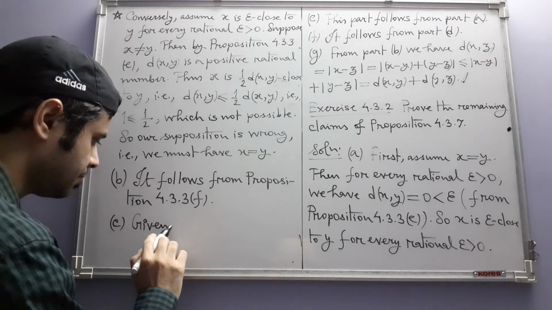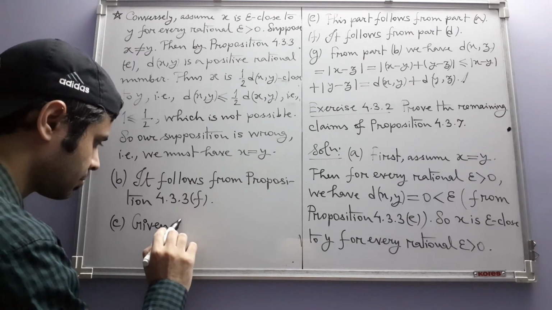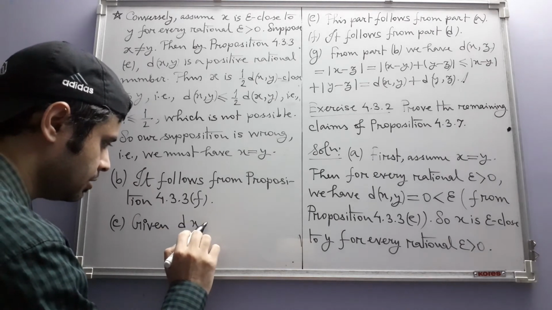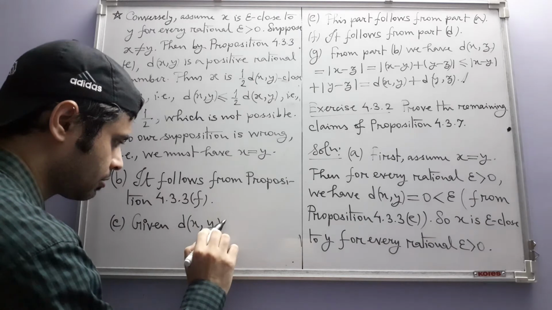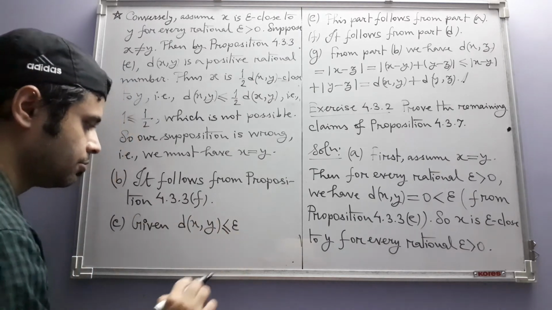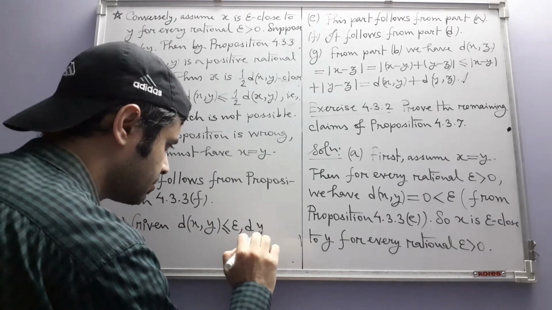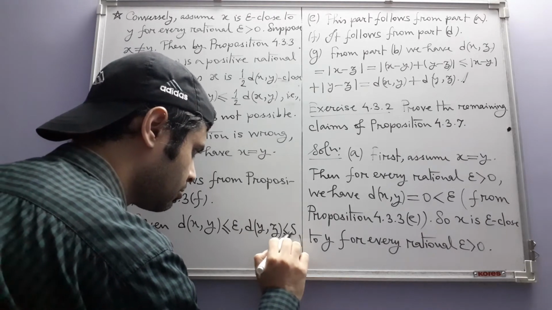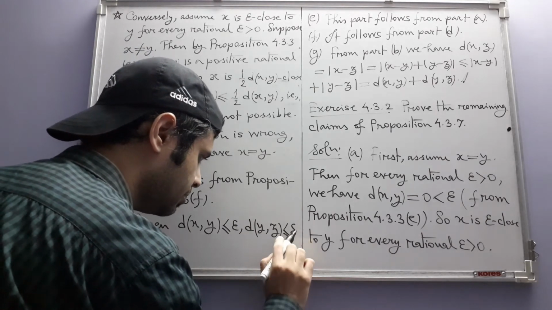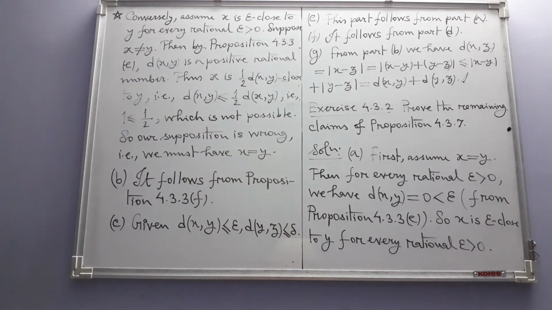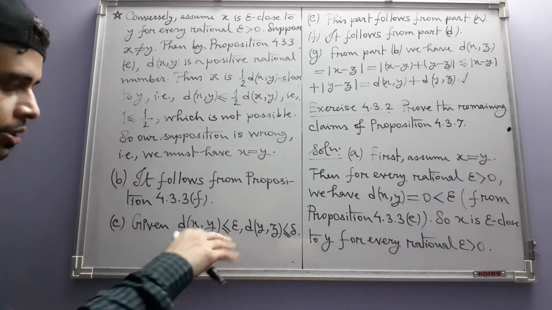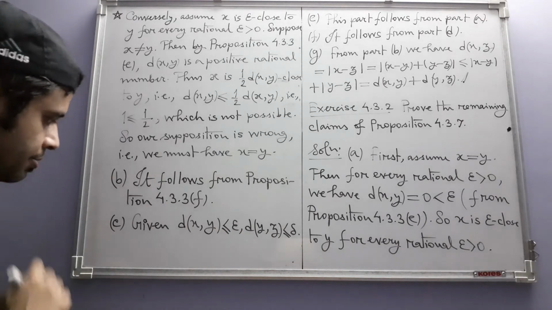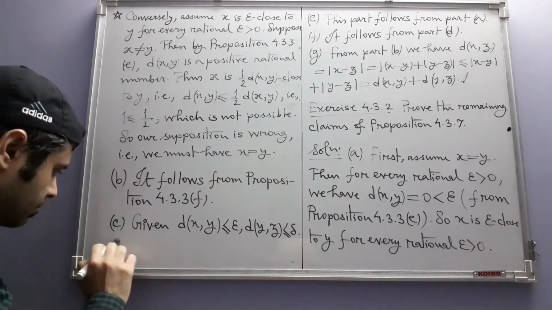Given x is epsilon close to y and y is delta close to z. Epsilon and delta are two positive rationals. That thing is understood.